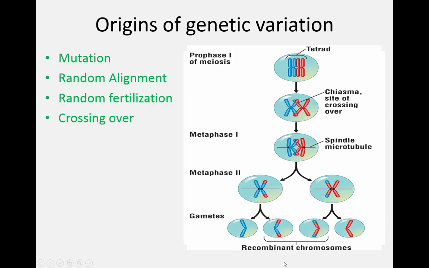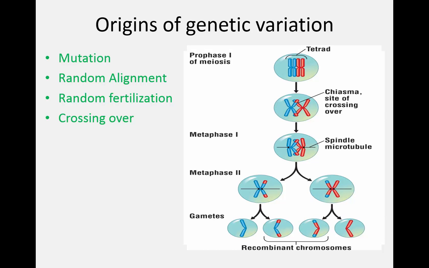And so that just adds into the number of different possible zygotes that can occur when any one sperm fertilizes any one egg. So all four of these, mutation, random alignment, aka independent assortment, random fertilization, and crossing over, all add to the genetic variation that is produced in us. And so it's a pretty mind-boggling scenario.